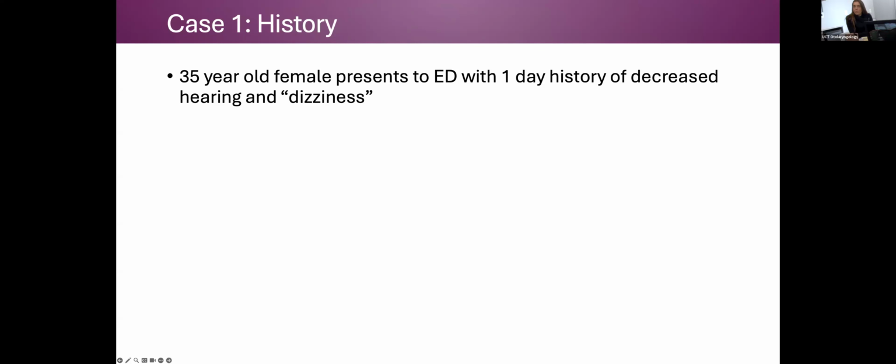And then you'd want to perform a HINTS test, or HINTS plus test, to see whether it's a peripheral or central cause of vertigo. Yeah, that's really perfect.